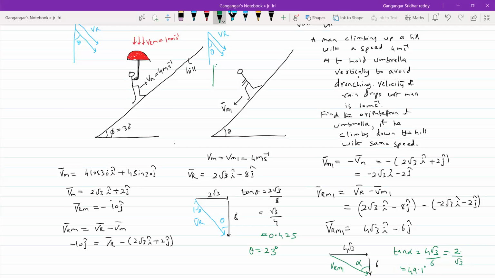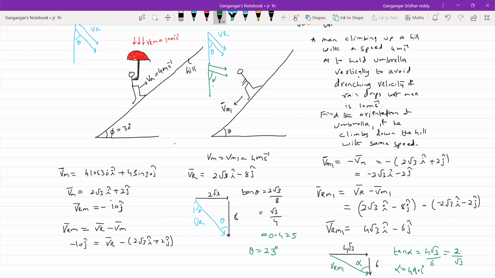So I think about the orientation of the umbrella: alpha should be more or less compared to theta? It should be more, no? Alpha is 49 degrees, theta is 23 degrees. So when I'm drawing the diagram, I'll see that it will be like this.